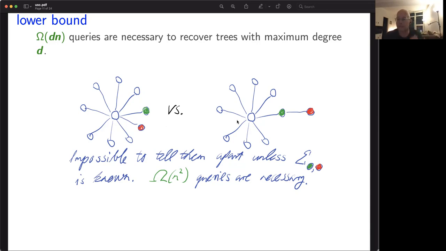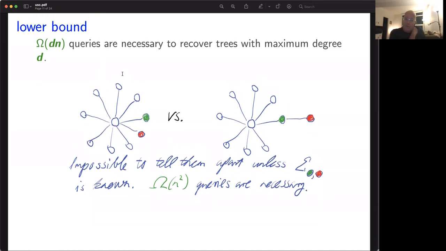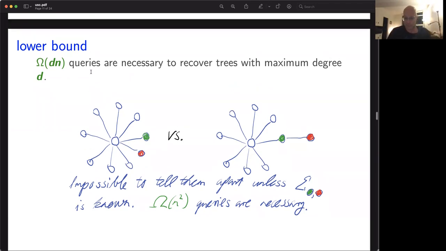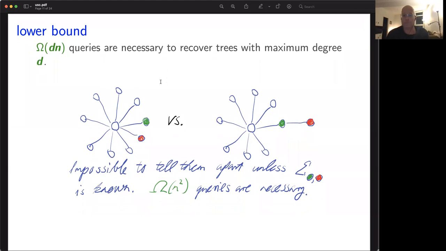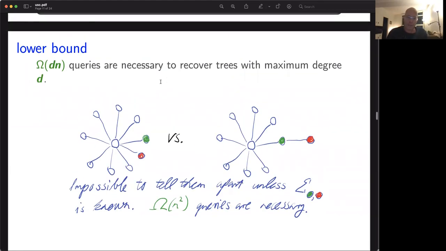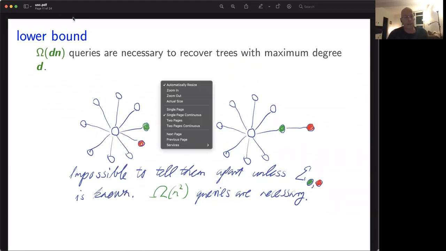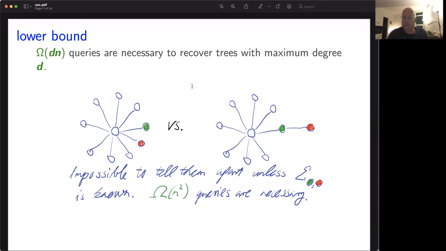So from this, it's easy to prove that in this particular case, we need at least n squared queries, and you can generalize the argument to show that if the graph has vertices of large degree, then no algorithm can work. But the small degree assumption is actually not bad.